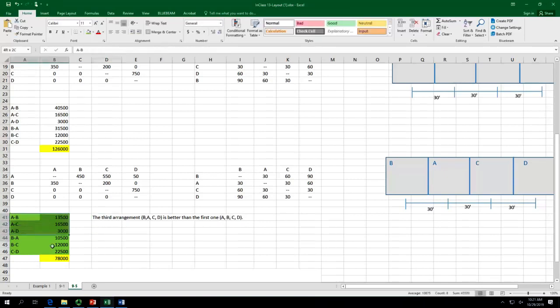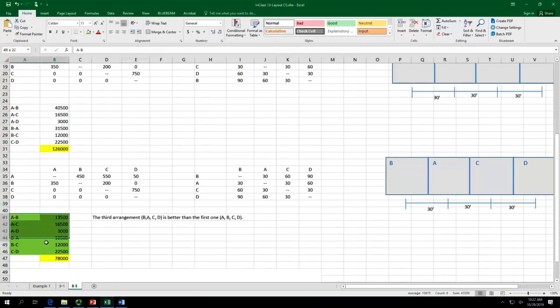And here the book asks us just to say one alternative, so the university finds out. Okay, so provide an improved layout and compute its movement cost.